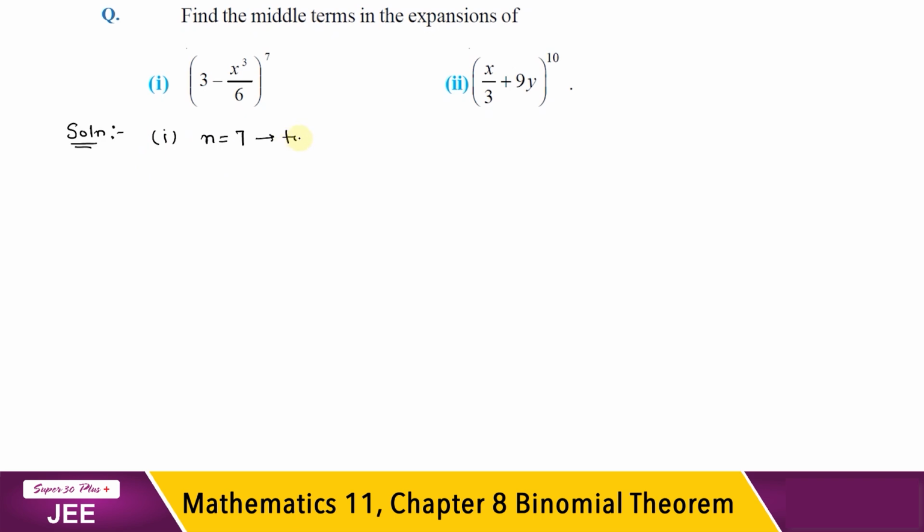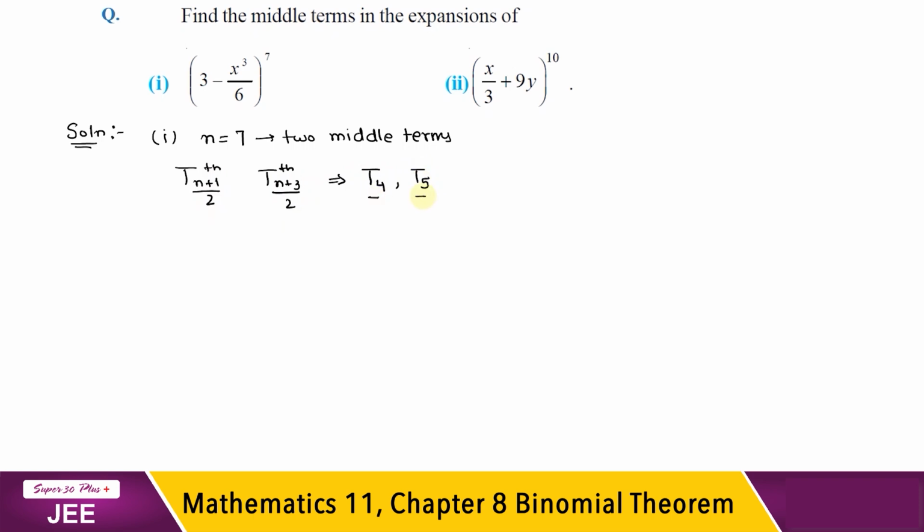So we are going to get two middle terms, and those middle terms will be the (n plus 1) by 2th term and the (n plus 3) by 2th term. So since we know that the value of n is equal to 7, the terms are going to be 7 plus 1 by 2, which is t4, and 7 plus 3 by 2, which is t5. So the 4th and 5th terms are going to be middle terms.